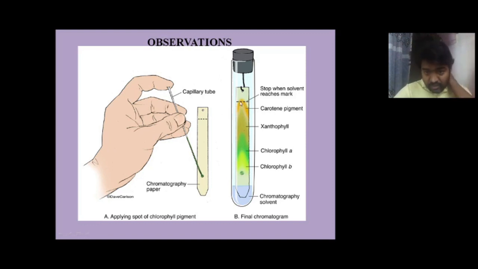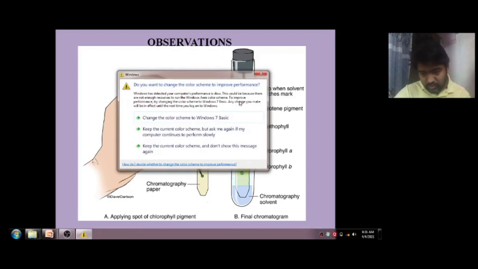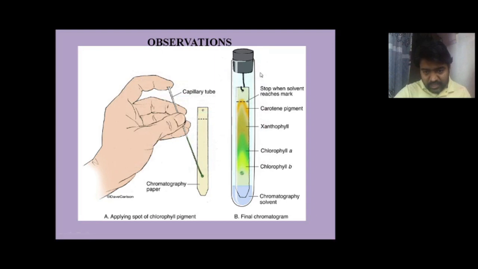at the other end of the strip. And this dotted line indicates the final limit up to which we have to allow the chromatographic solvent to run. Okay, so this is the band pattern we obtain after the experimentation. Now we have to calculate the RF value. What is RF? We can easily calculate the RF value by knowing two factors.